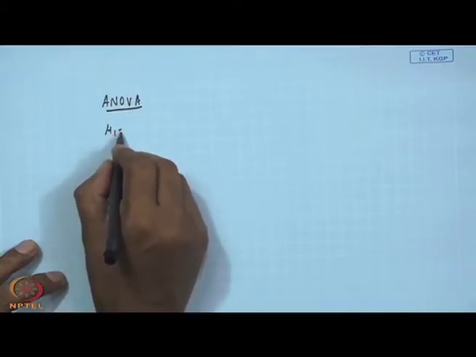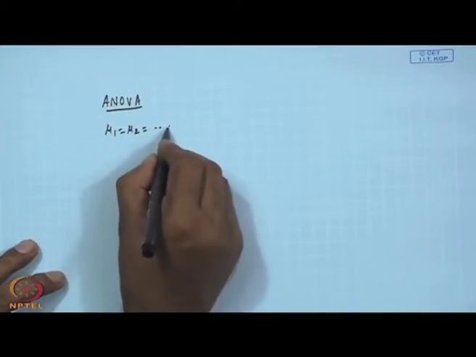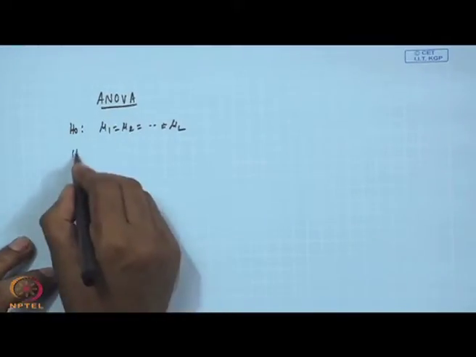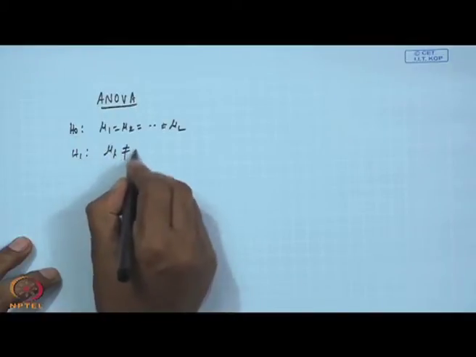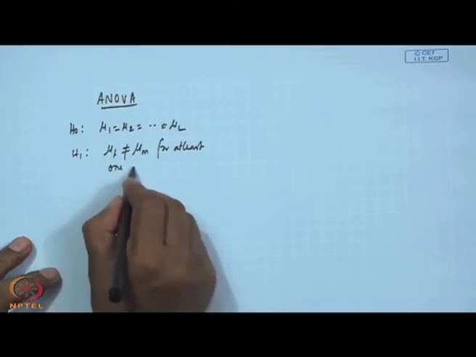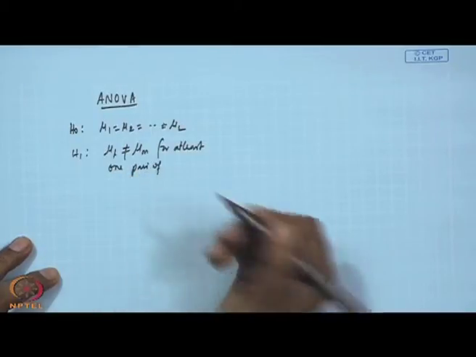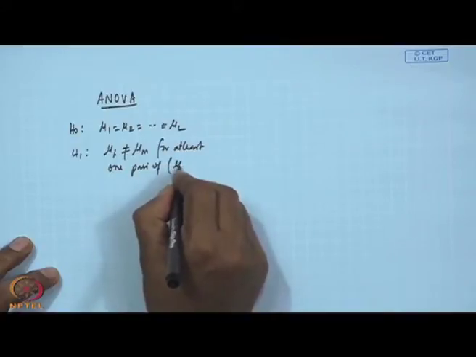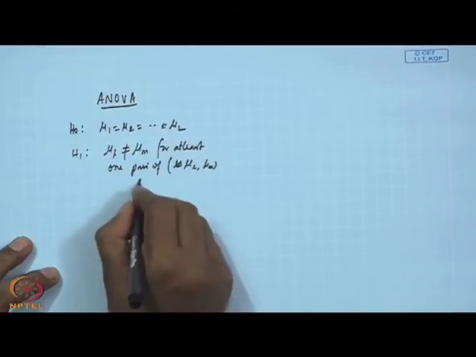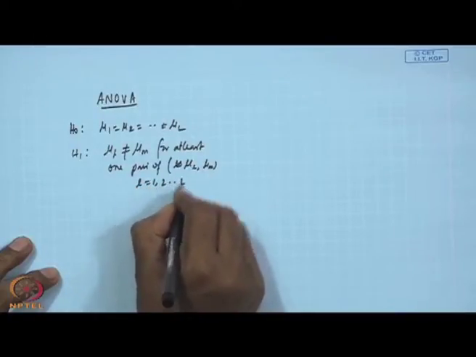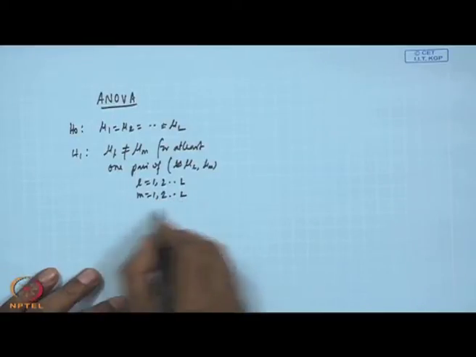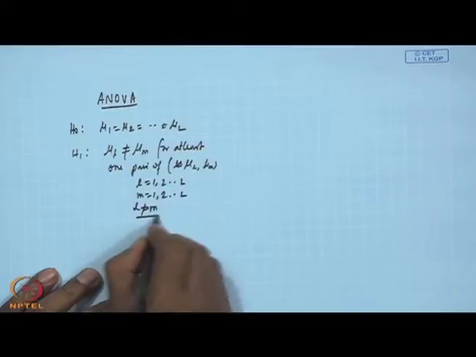You said mu 1 equal to mu 2 equal to mu L, that is your H0, and your H1 is mu L not equal to mu M for at least one pair of mu, one pair of mu means either mu L or mu M, L equal to 1 to capital L, M equal to 1 to capital L, and L not equal to M.